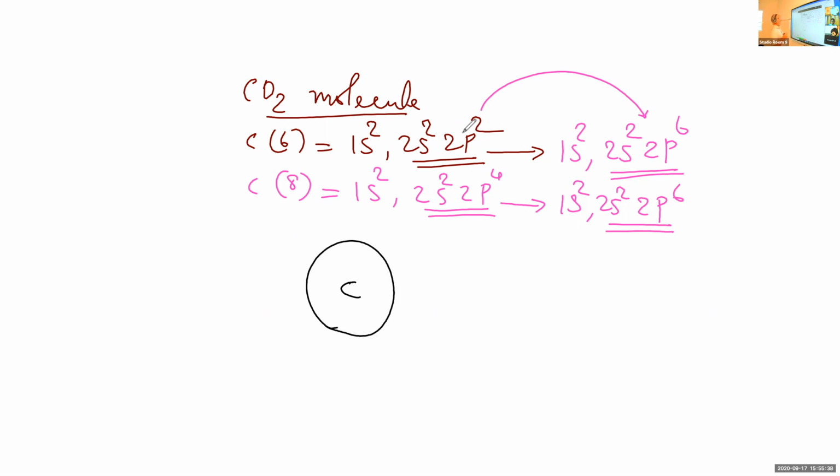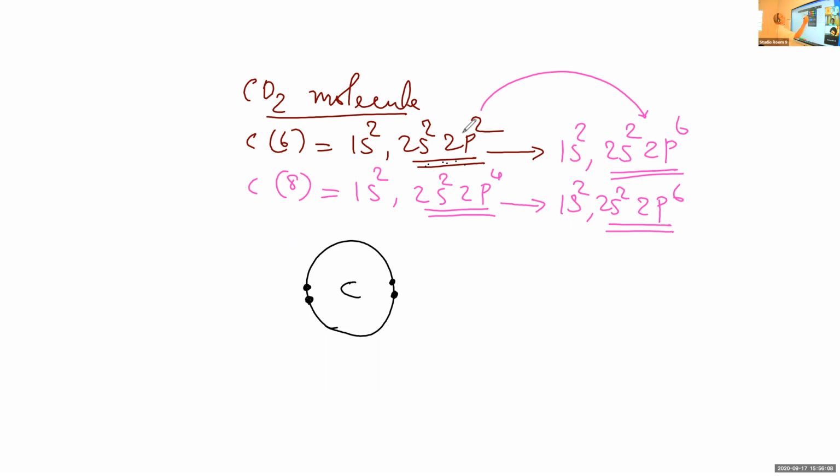In the outermost shell of carbon there are 4 electrons, 1, 2, 3, 4. And there are 2 oxygen atoms linked to both sides, left and right.